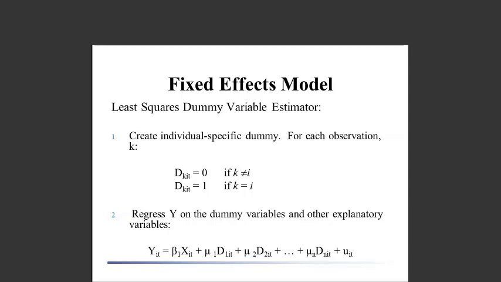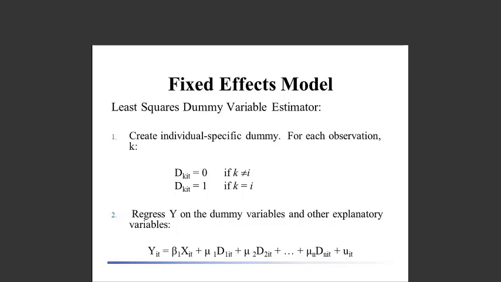And this gives you an idea of the intuition behind fixed effects, because we have a control variable for each unit that soaks up the effect of all factors unique to the individual that don't vary over time. And we can actually interpret the coefficients for these individual or unit specific dummy variables as the different intercepts for each individual or unit.